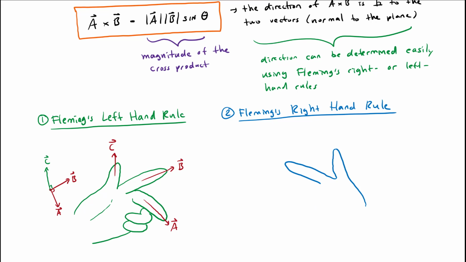My middle finger, my fingers are getting worse and worse. Oh, that was even worse. Okay, well, I've given up on the pinky finger. So I have my right hand. It's a pretty mangled right hand. So I want up to be C, I want this to be A, and I want this to be B.